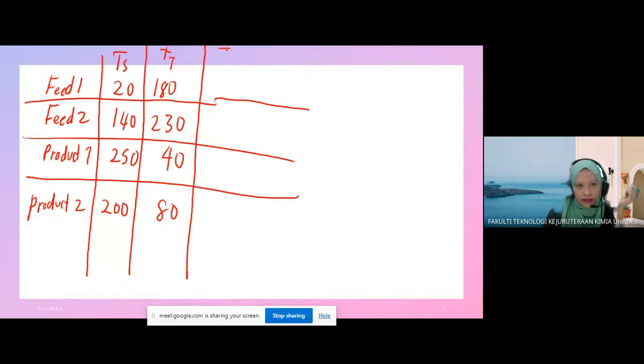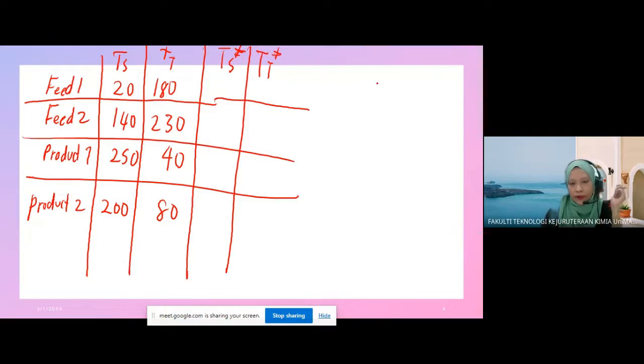Okay, now you need to have TS star, the shifted temperature, and TT star. Now, how to get the shifted temperature? Remember, for hot stream, you need to minus delta T min divided by 2, and for cold stream, you need to plus delta T min over 2, right?